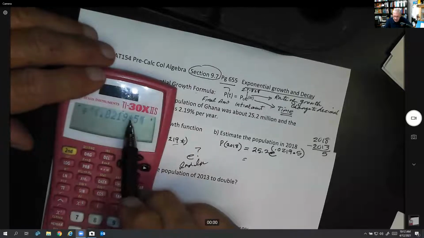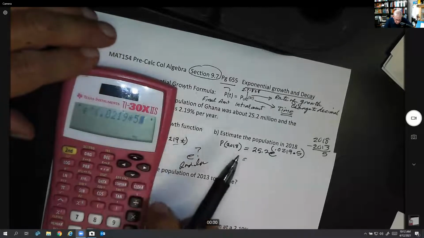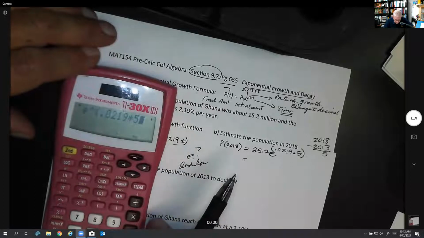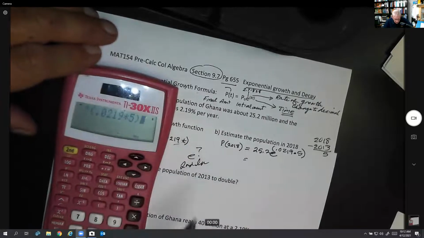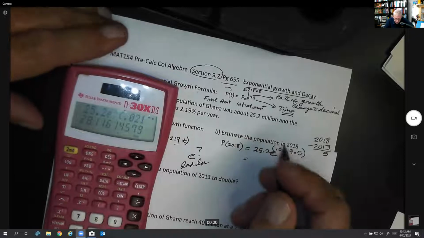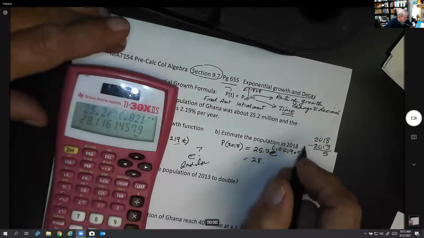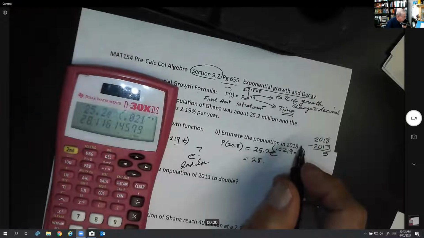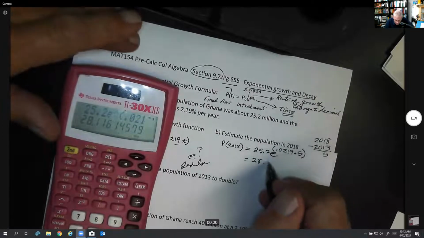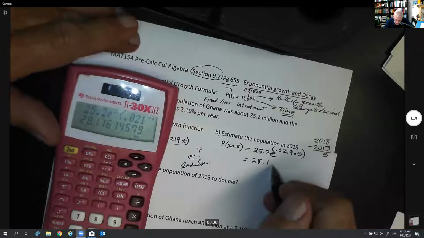When I hit the times key, parentheses. Okay, here we go. And that should be the population. 28.116, or however they want to round it off. They round it off to the tenth place. And this would be million.